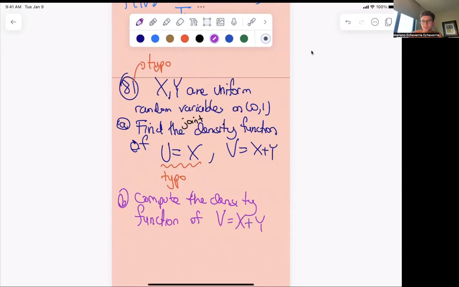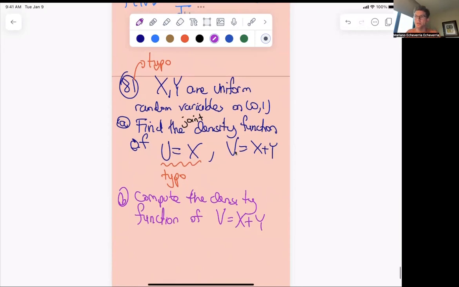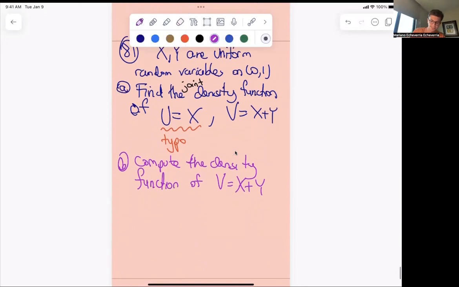I should mention that part B we actually already know how to do independently of this problem, because in part B it's literally just a convolution. You know, the density for the sum was just a convolution, right? So I should just say that we already did this before.